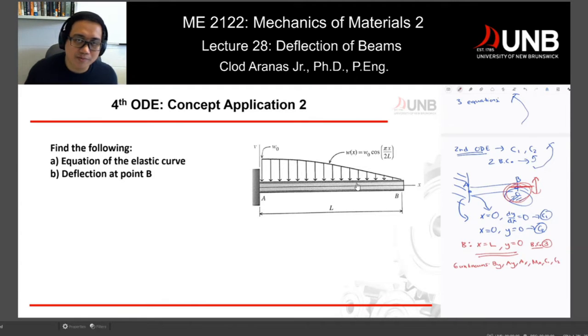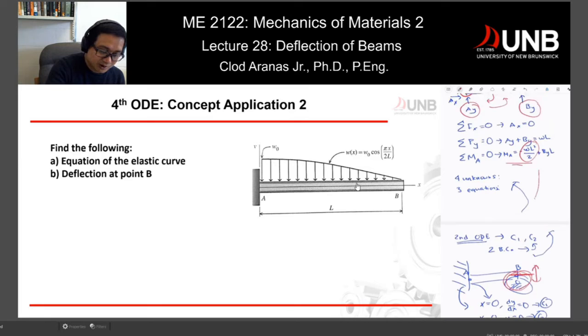Okay, yes. Remember that this boundary condition right here is a third boundary condition, and we don't have a C3. It's because it's second order, so we will only integrate twice. So we can use that extra. Take note, this would be the extra boundary condition for you. Once you have that extra, you can use it in order to solve the unknowns from this. Remember that after you calculate your support reaction, I cannot get to a fixed value.